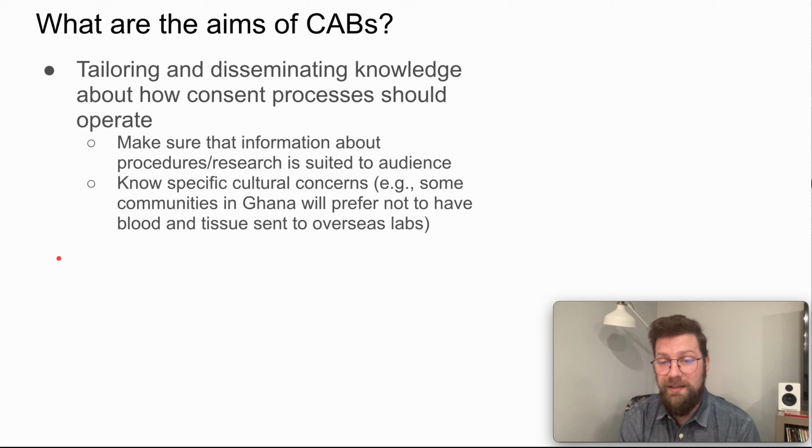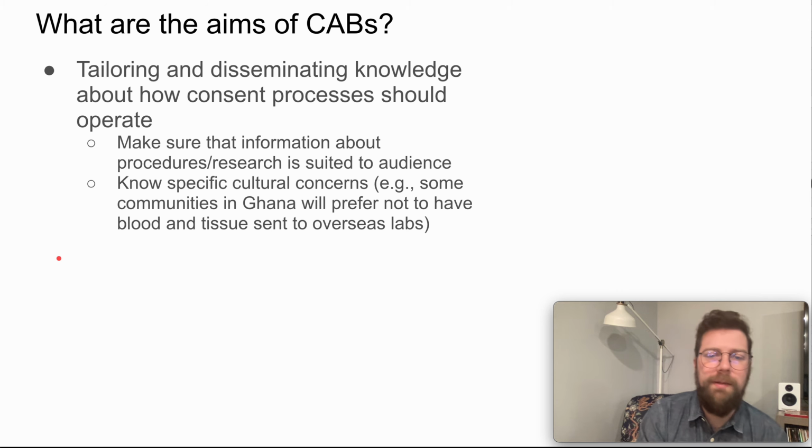So a really interesting bit of research that Dunn and Hope point to in this chapter is that there are some communities in Ghana who do not believe that it would be okay to have their bodily materials, especially their blood, taken from their bodies and then taken to another part of the world to be studied. Right?